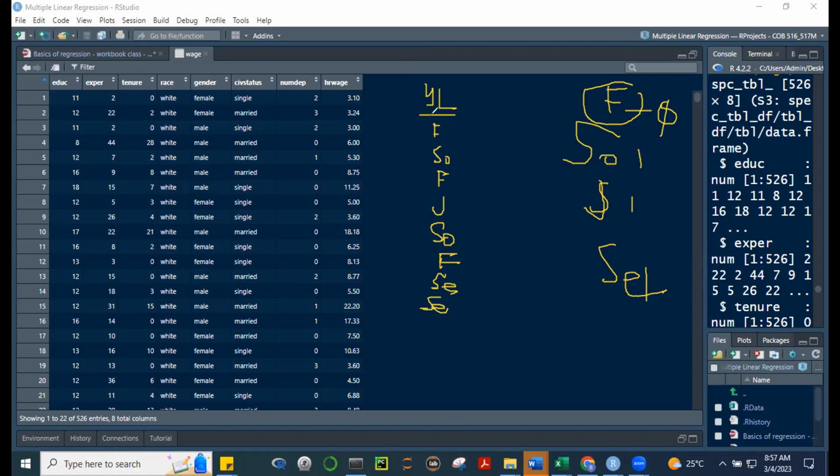So I have this variable, YL. It's a character variable, but we know that this can be categorized. We can use this as a factor so that we can use this in the regression to see the differences between a junior, sophomore, senior, etc.